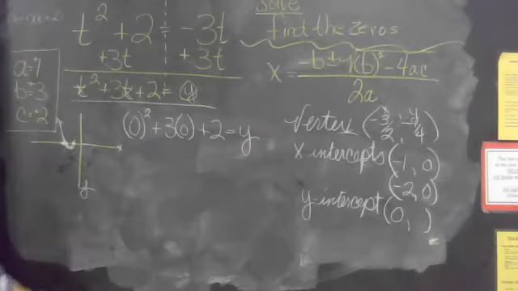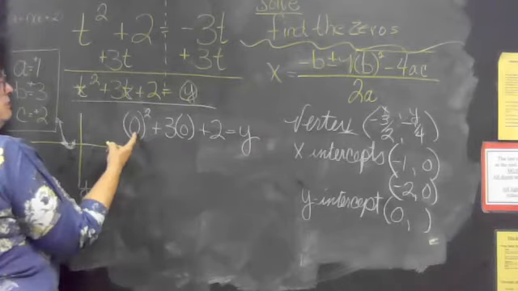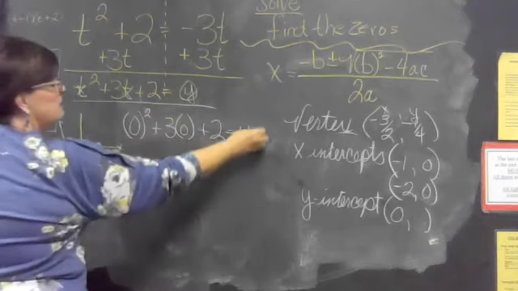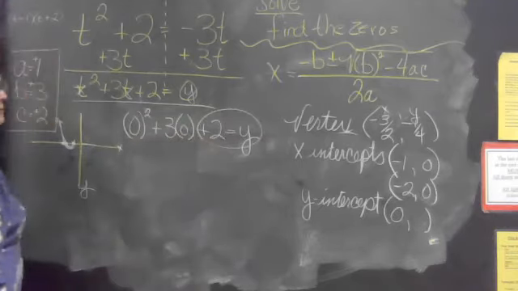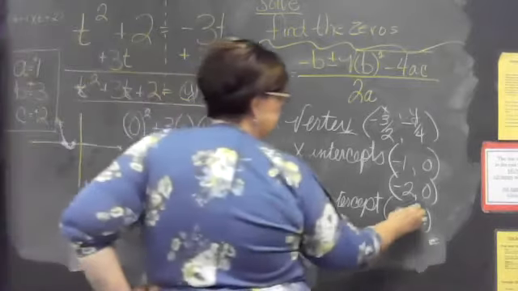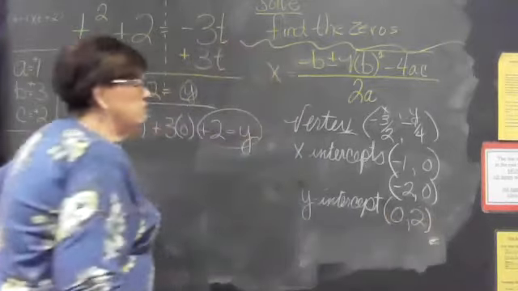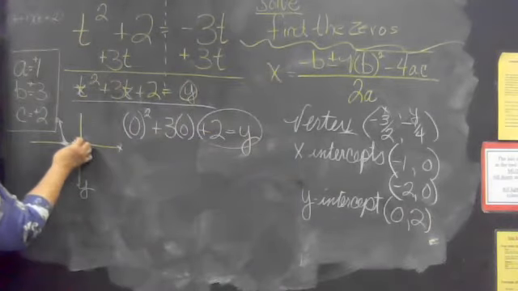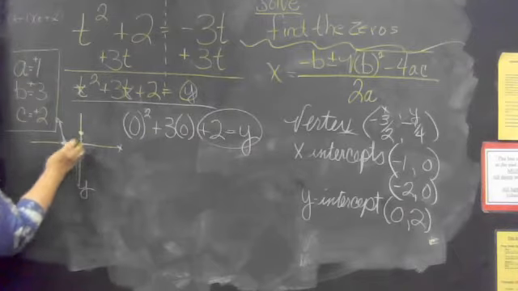Which is awfully easy because 0 squared is 0. 3 times 0 is 0, so y is going to equal 2. So our y-intercept is pretty easy to find. You just put zeros in. So our y-intercept is at 0, 2, right here.